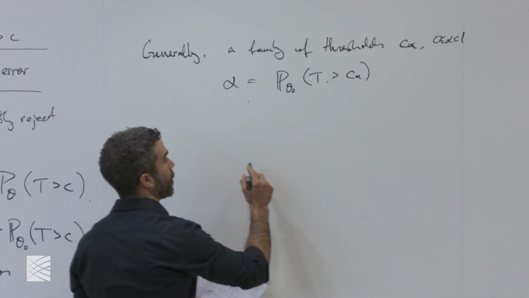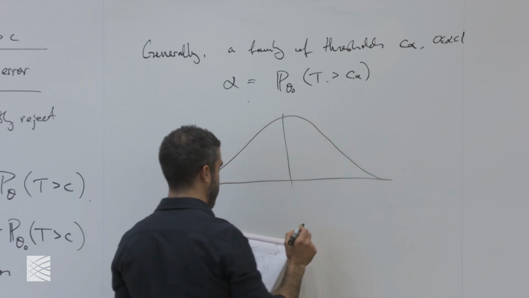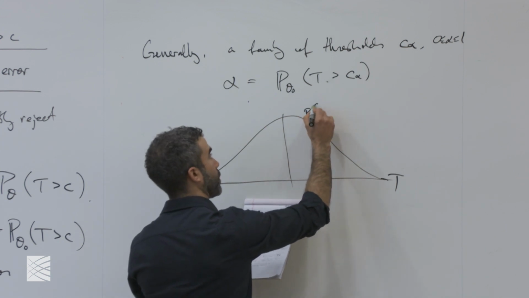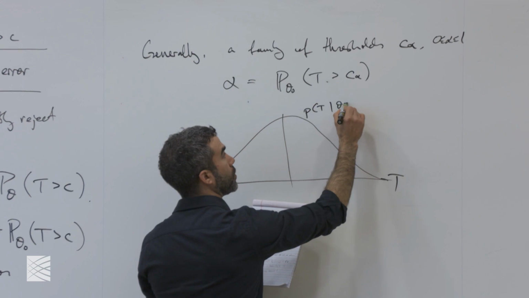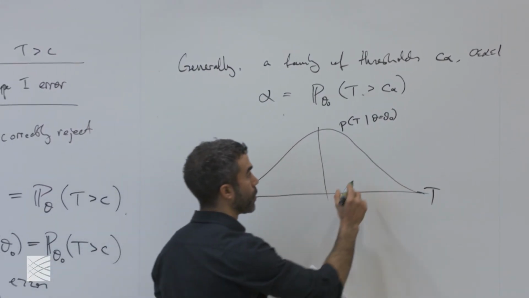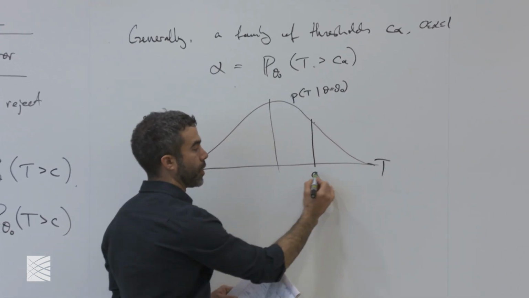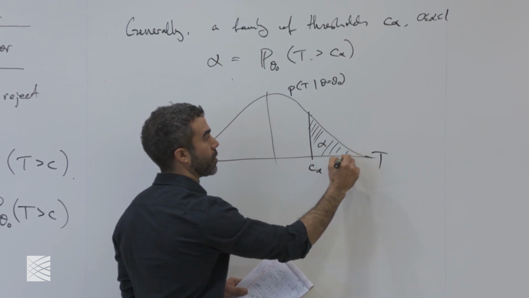And the picture here is, if this is the distribution of the test statistic under the null, and this is C alpha, then this probability is alpha.